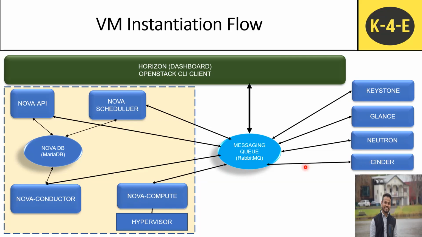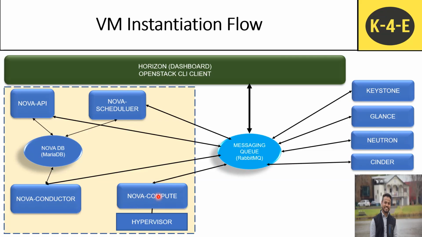So once the block storage information is received, we now have image, network, and Cinder, all three resources. Now Nova Compute will come here. It already has your CPU and RAM from Nova Conductor, right? So it has all the information required. With all the information, it will generate the input for your hypervisor.